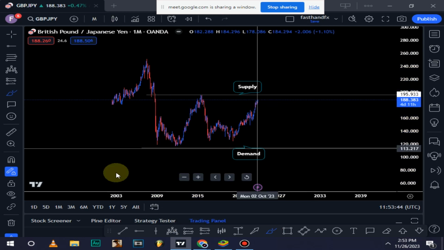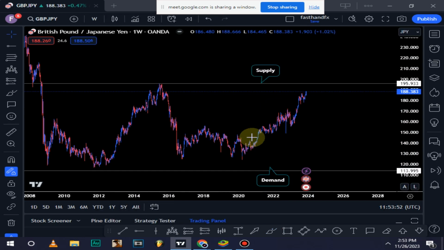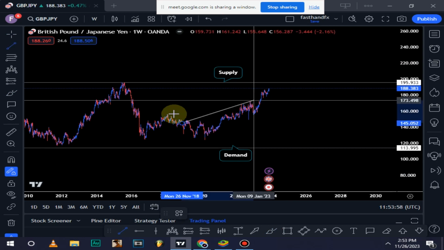So let's continue to understand the market at the weekly now. At the weekly, let's see if we can get trend lines. Yo, we just try, anything's possible.